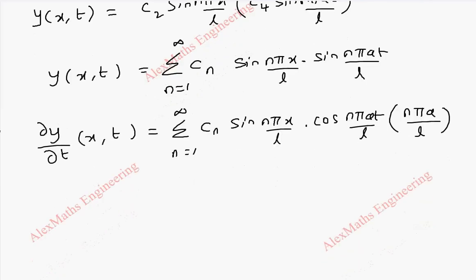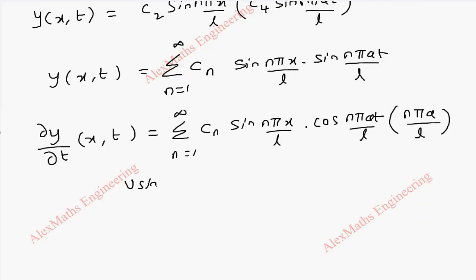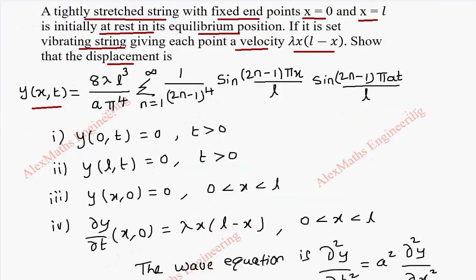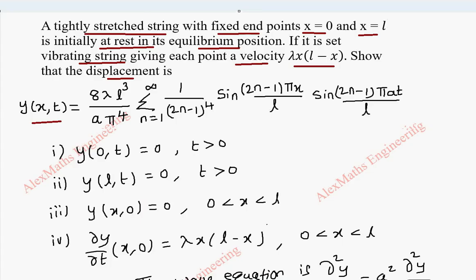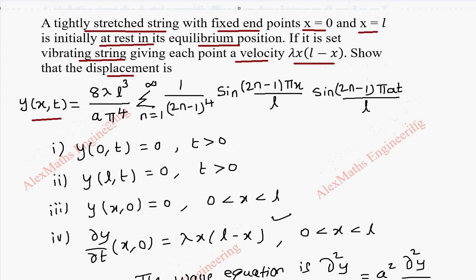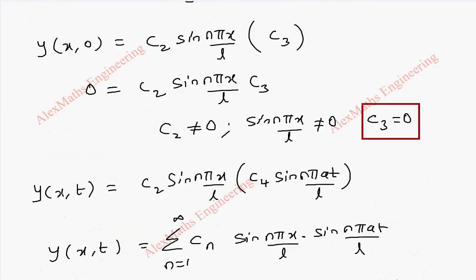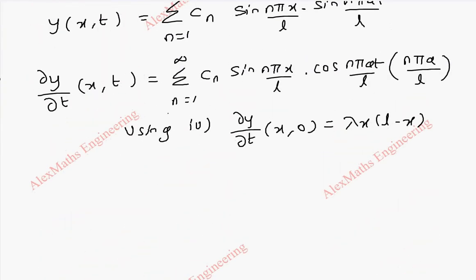Now let's take the fourth condition. Using fourth condition, that is dou y by dou t of x comma 0 is lambda x into l minus x. This is what is given here, lambda x into l minus x. So wherever t is there, we have to put 0.